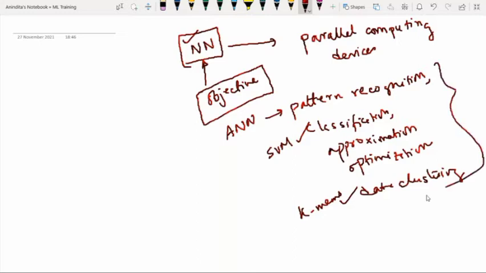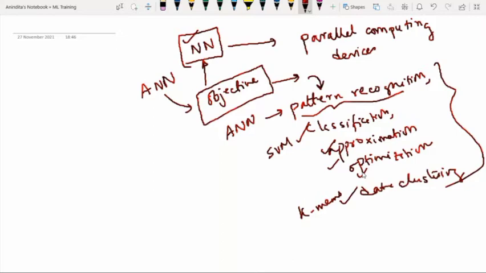So what is the objective of designing an artificial neural network? The prime objective is to perform speedy computational tasks on performing this kind of activities: pattern recognition, classification, approximation, optimization, and data clustering, right? So this is the prime objective of designing artificial neural networks.